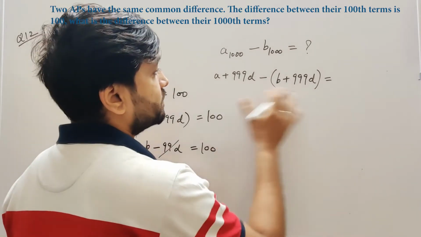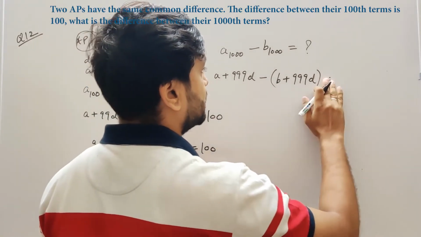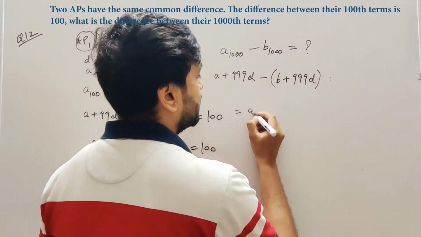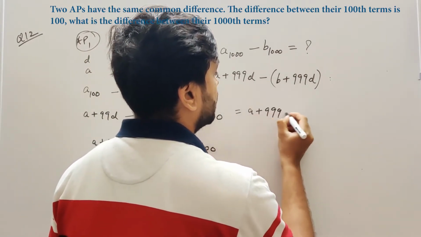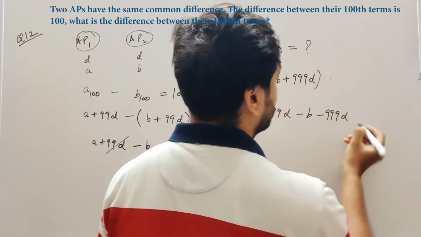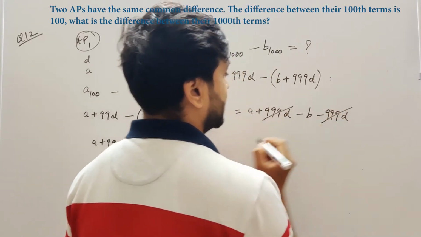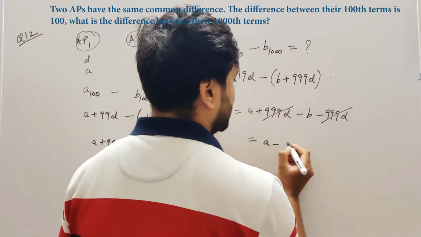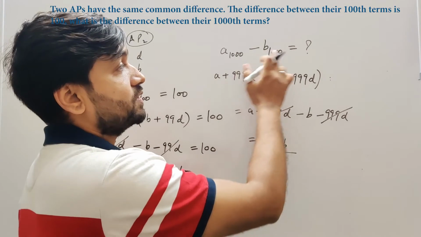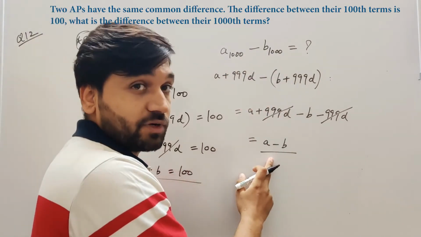So we simplify this. If you open the brackets, we get minus B minus 999d. So plus and minus cancel out. You are left with A minus B. The difference between the 1000th terms we get is A minus B.